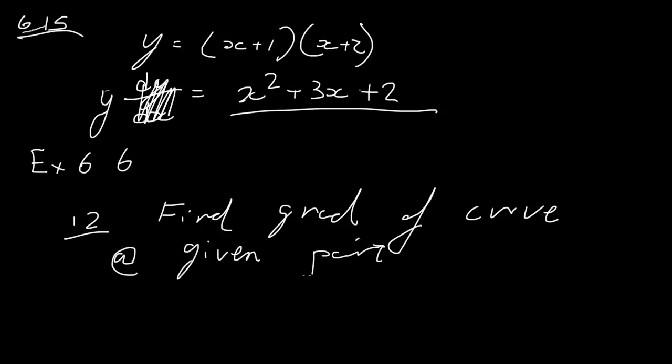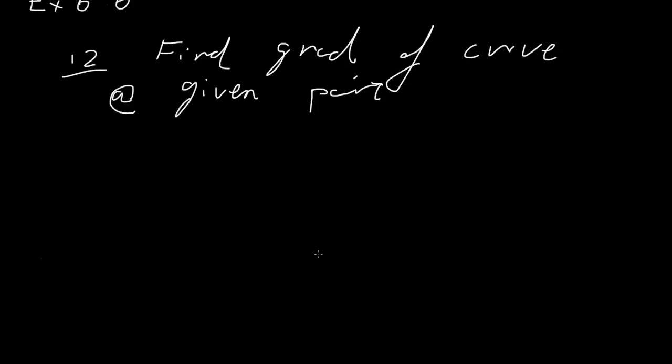Okay, now in order to do this, what are you going to do? Well, they give you the function y equals x cubed minus 1 at x equals 1. So you need to find the gradient at this point.